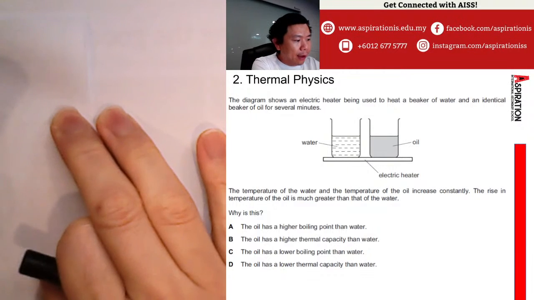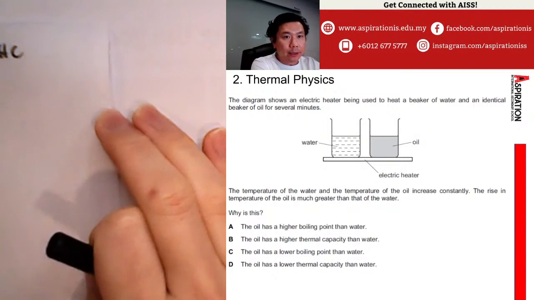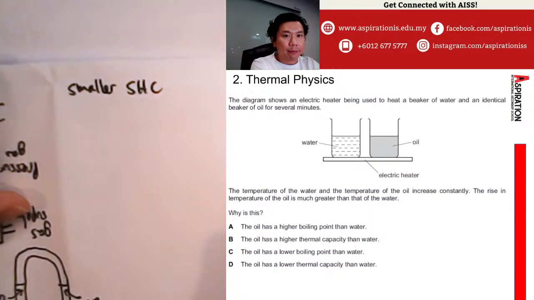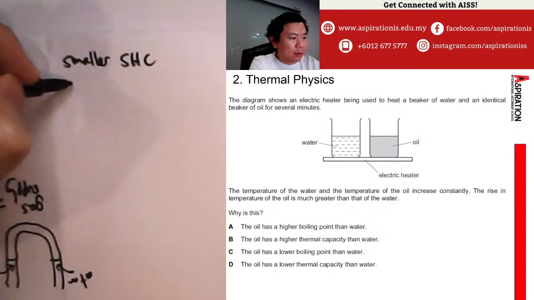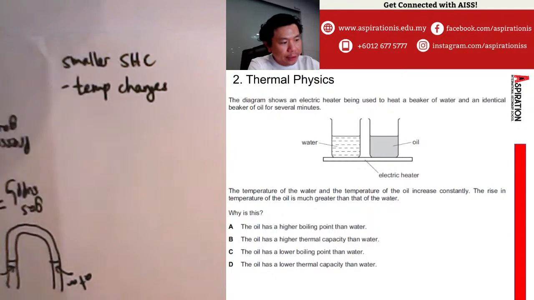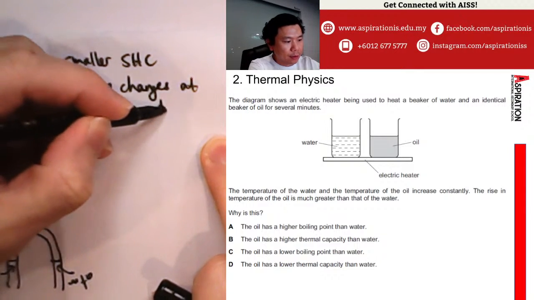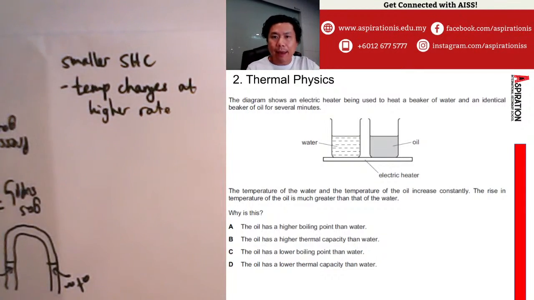If you have a smaller heat capacity, the temperature changes at a higher rate. Objects like sand, oil, and metal have temperatures that change very easily, very rapidly.